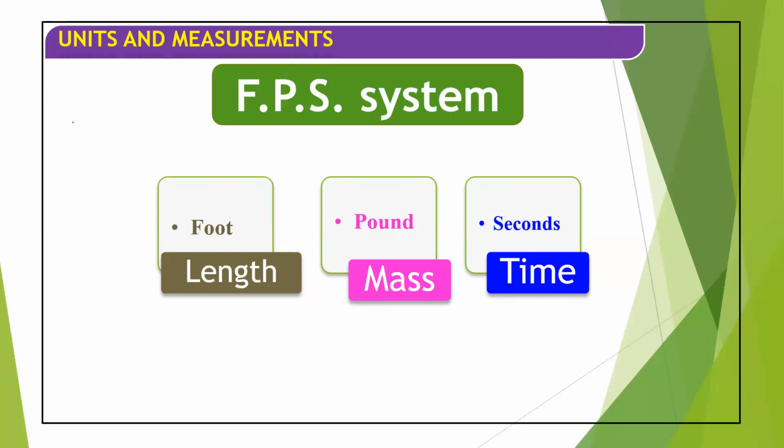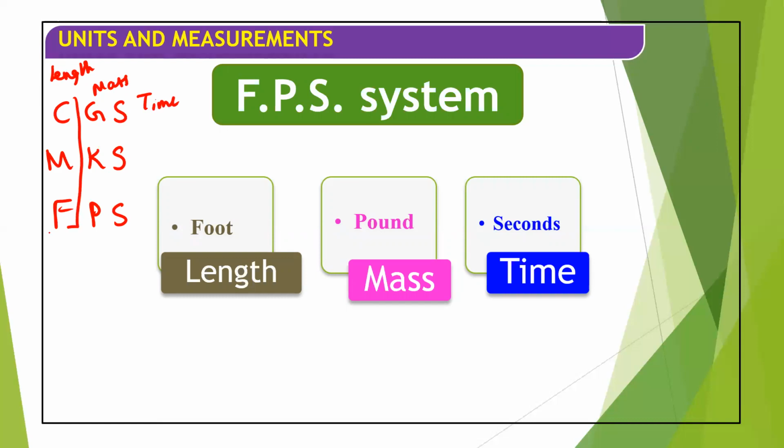So my dear students, in simple, remember it as CGS, MKS, and FPS. This entire thing stands for length. The next row stands for mass, and the last one is for time. So now it's simple. Length, centimeter, meter, foot. Mass stands for what? Gram, kilogram, and pound. And the last one is very simple, that's second.